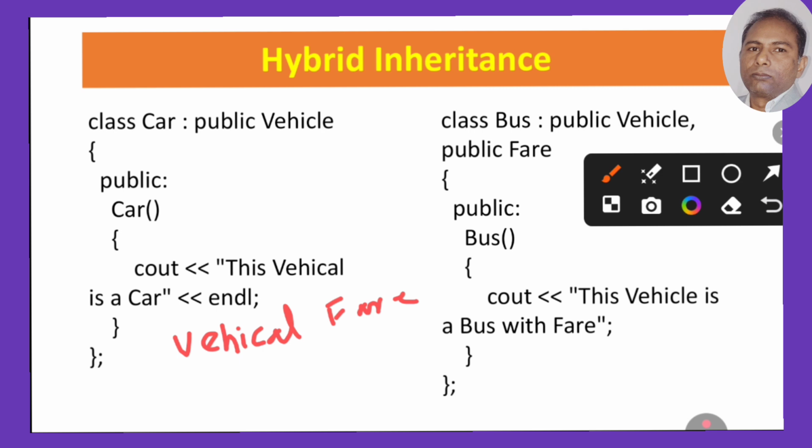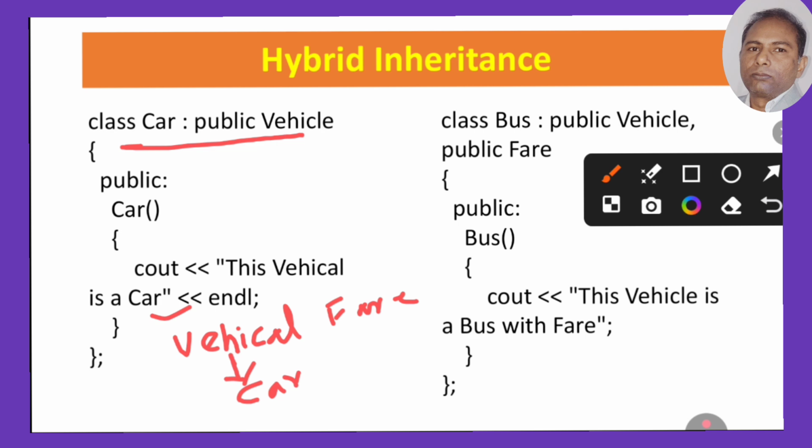Now we are again making one class, that is the car class. The car class is derived from the vehicle class. When we call the car class, we will have the output: this is the vehicle, this vehicle is car. Then we are making the bus class.